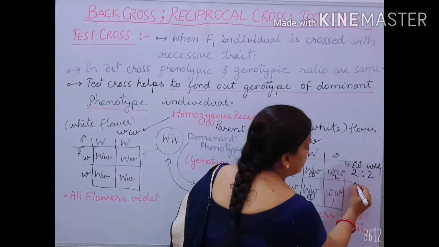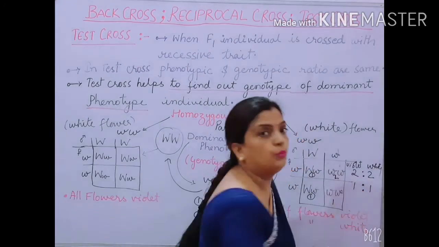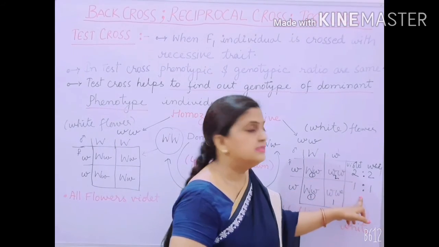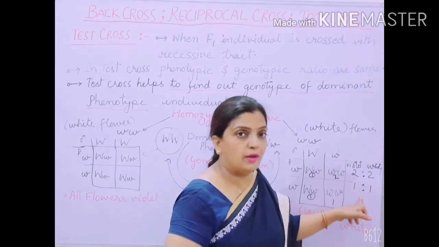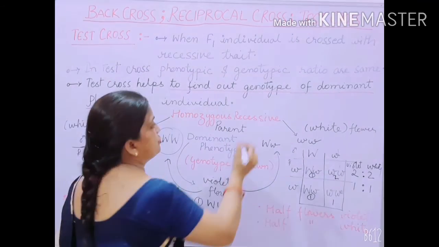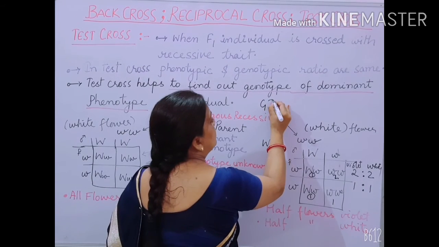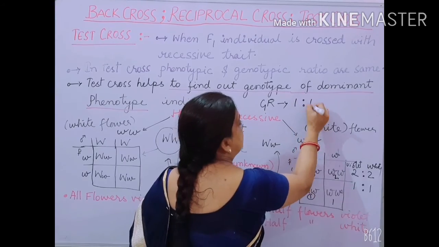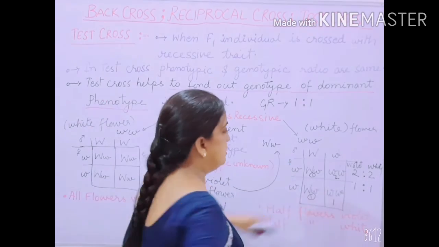So what is the ratio which we will be getting? We will be getting 1:1. So this is the ratio according to genotype. If it is asked what the genotypic ratio is in the case of a test cross, then it is 1:1 according to genes.